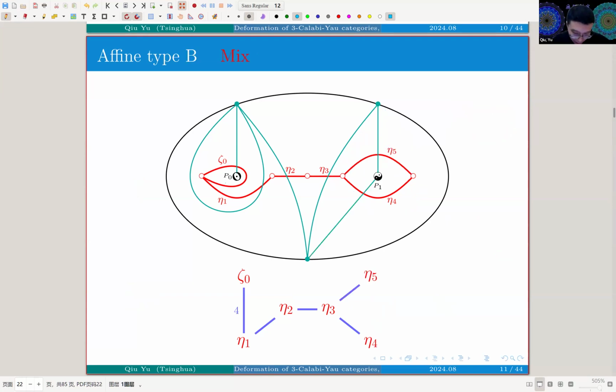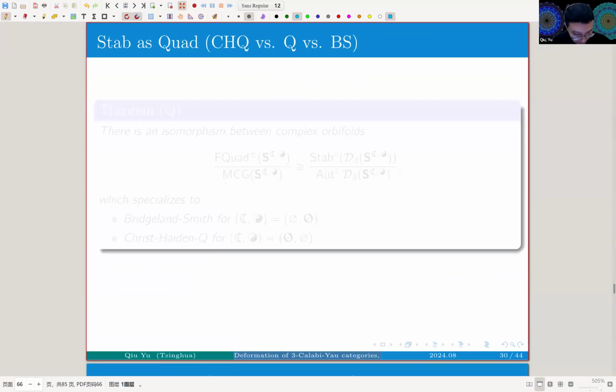Then we can do the flip of the triangulation like this. After we do that, the triangulation changes, as does the dual graph, so we associate another quiver similar to before. The only difference is that whenever two arcs intersect at both endpoints and enclose this type of puncture, which I change to a Tai Chi symbol, there is a Z2 symmetry going on there.